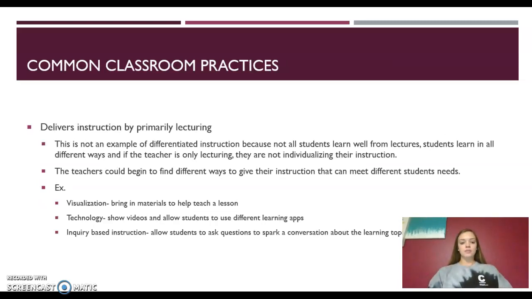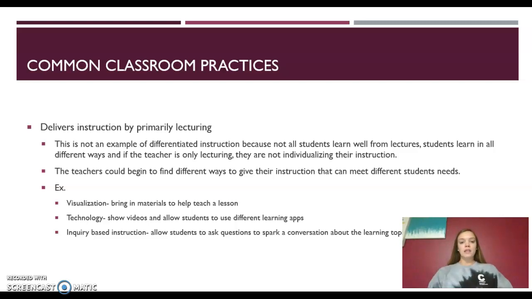So, some common classroom practices that aren't really the best for differentiated learning. One would be that a teacher delivers instruction by primarily lecturing. And this really is not an example of differentiated instruction, because not all students learn well from lectures, and all students learn in different ways.